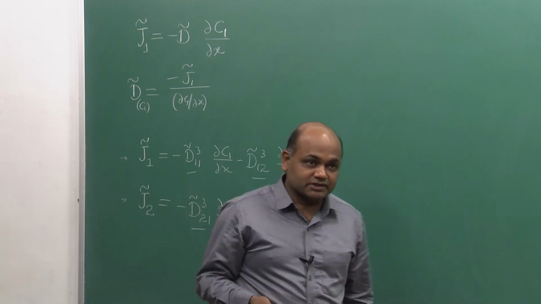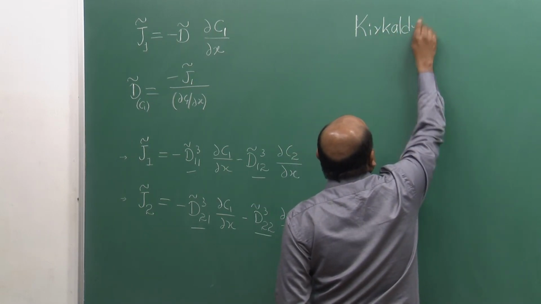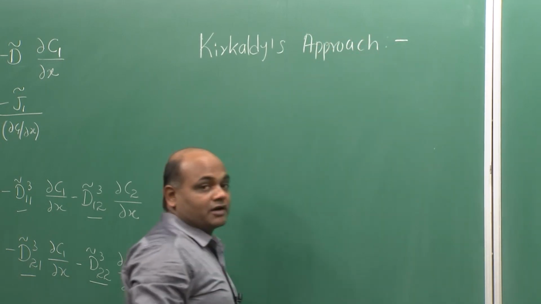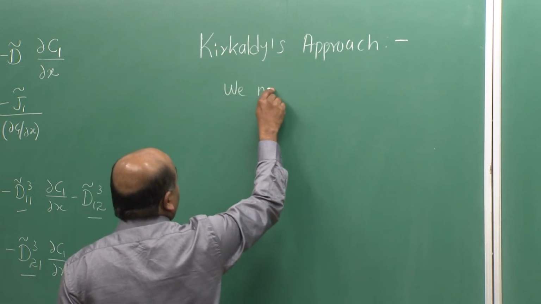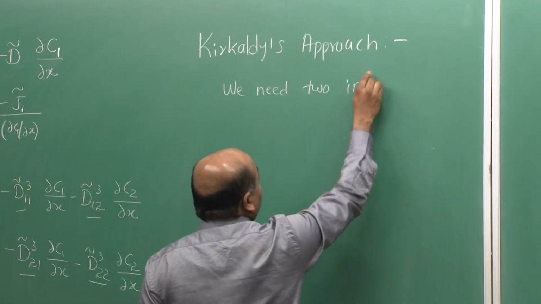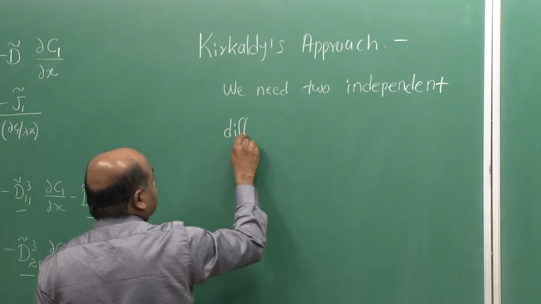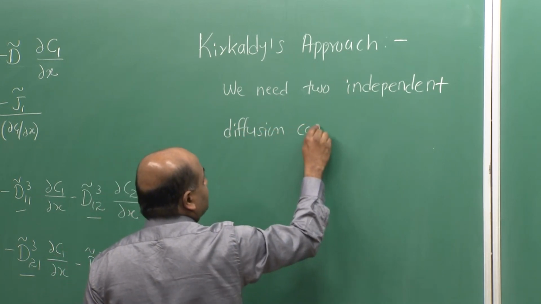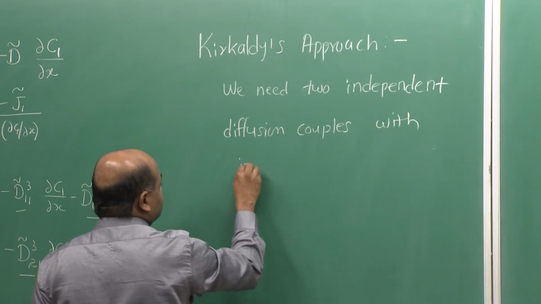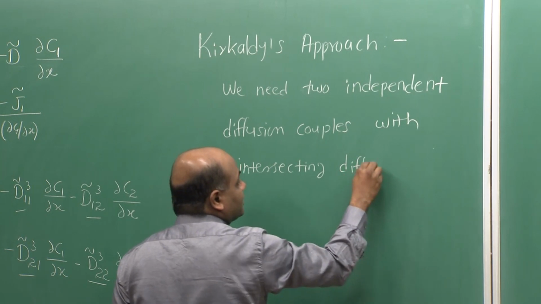So, as per Kirkaldy's approach, for a ternary system, we need two independent diffusion couples with intersecting diffusion paths.